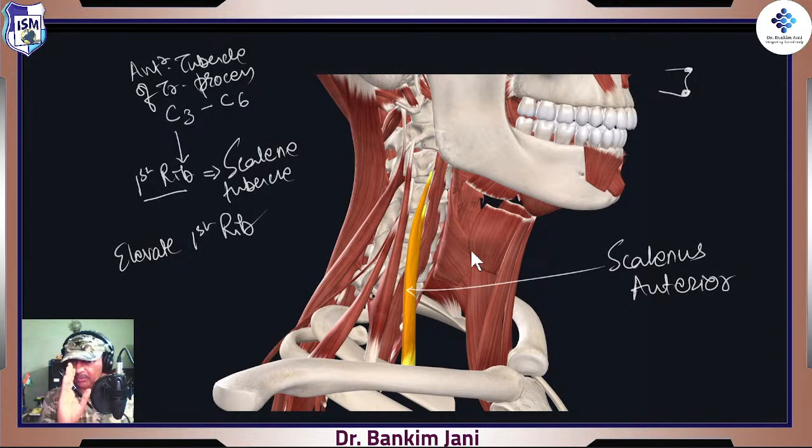Else, it is connected on one side. So when it contracts, it can rotate, right? That's right, very good. It is the subclavian artery between scalenus anterior and medius. Very nice. So, elevate first rib. It rotates. Any muscle which is on one side, when it contracts, it will rotate. Then, in association with other muscles, if only one side contracts, it will go for lateral flexion.